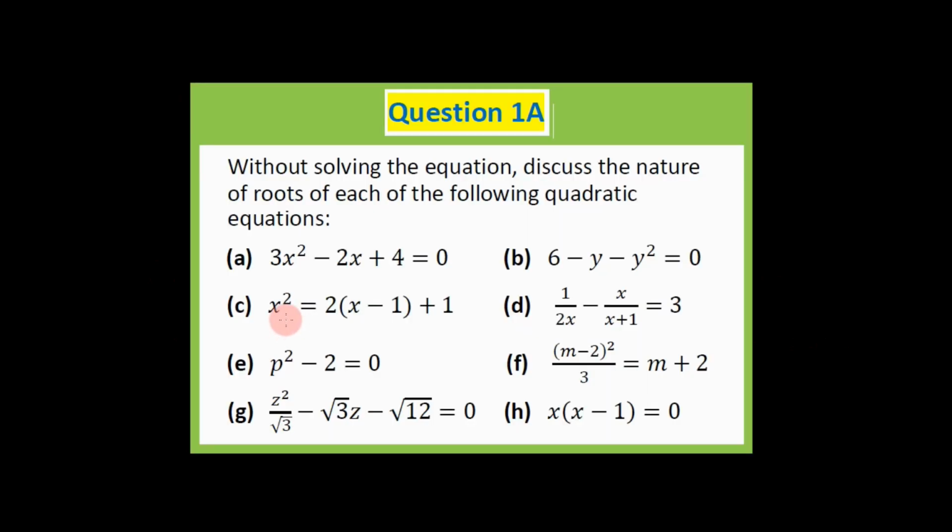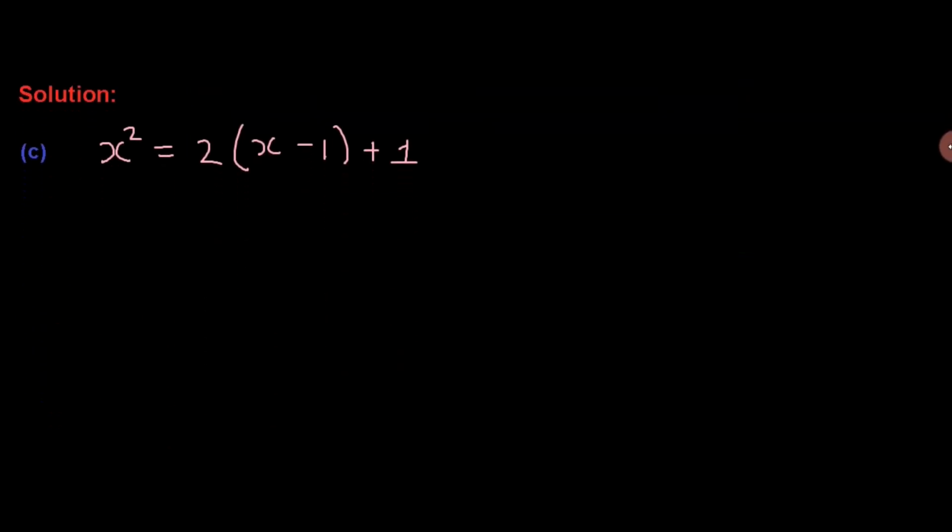Then in C, we have x squared equals 2 into x minus 1, plus 1. The equation is not in standard quadratic form, so we need to write it as such, and we can start by multiplying out on the right-hand side.